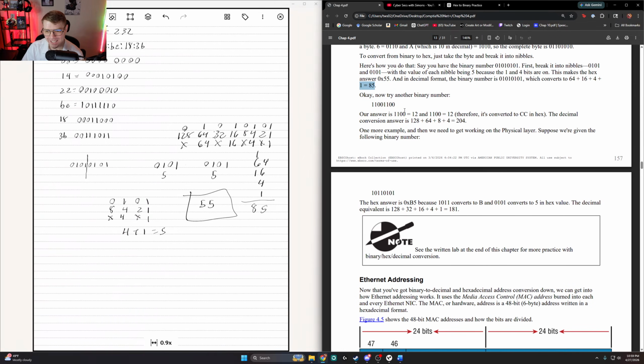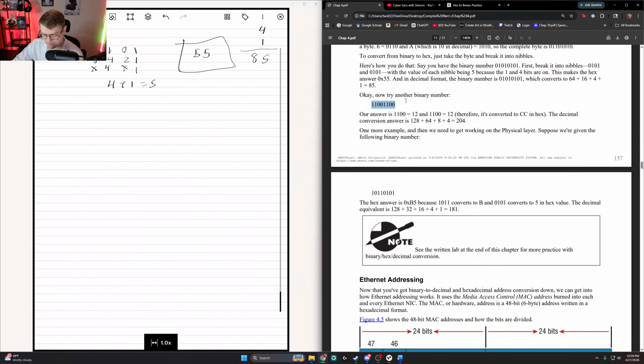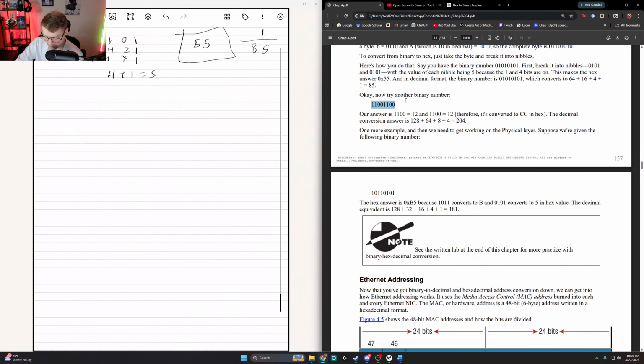Okay, so now try another binary number. If we were to take this and convert it to binary versus converting it into hex, we'd have two different answers. So let's work on our hexadecimal answer first. We know our values are 8, 4, 2, and 1.